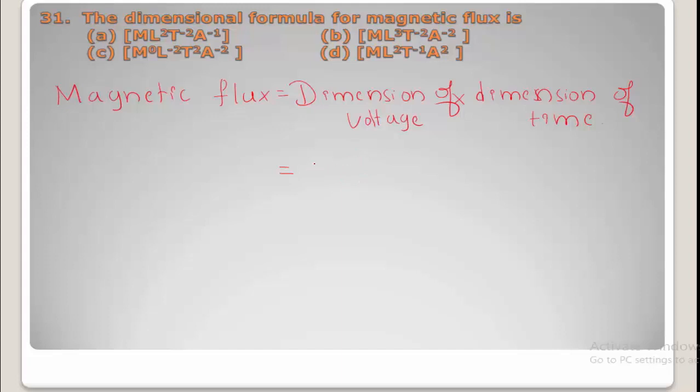The dimensional formula for voltage is M L square T raised to minus 3 A raised to minus 1, into the dimension of time, which is T. So simplify this, you will get the answer M L square T raised to minus 2 A raised to minus 1. Option A is the correct answer.